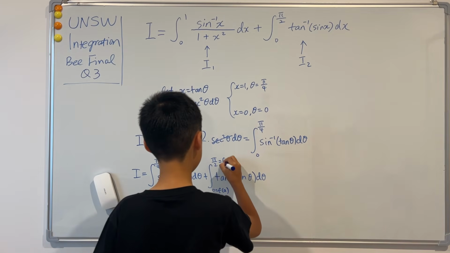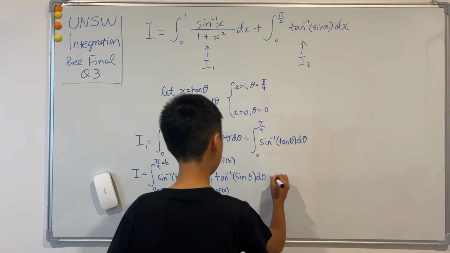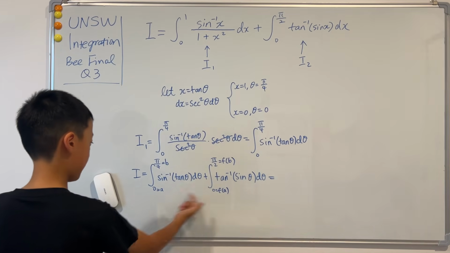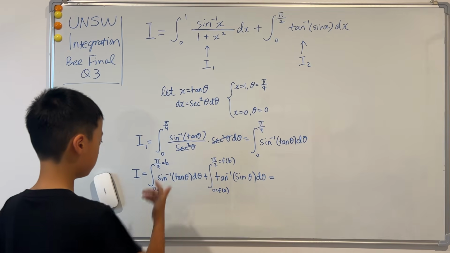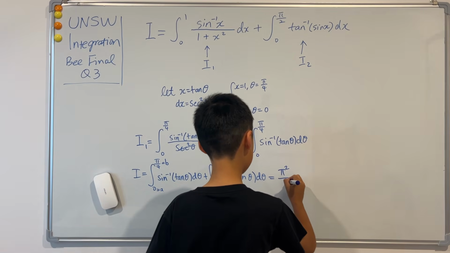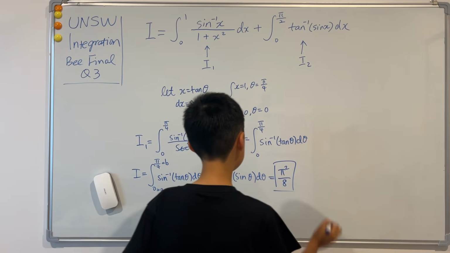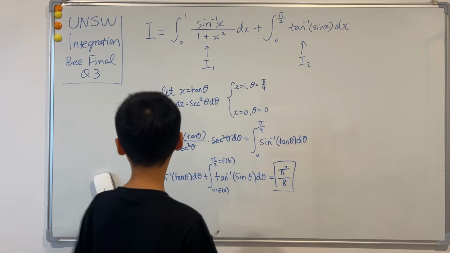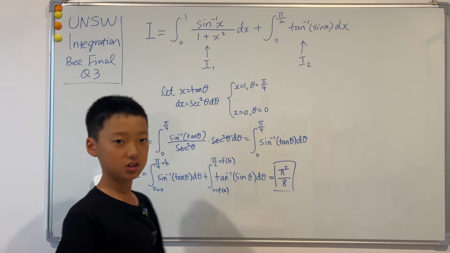So this is f(b). So with that formula, we can just solve this in one go. b f(b) minus a f(a). a f(a) is 0, so it's just b f(b), which is pi squared over 8. So this is another way to get this answer for the UNSW Integration B final, question 3.